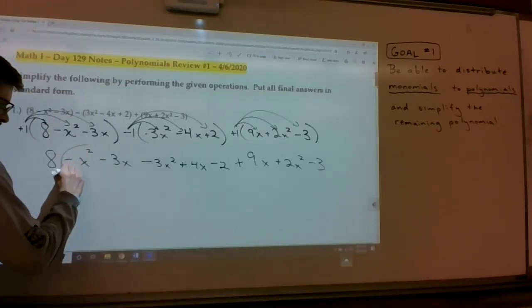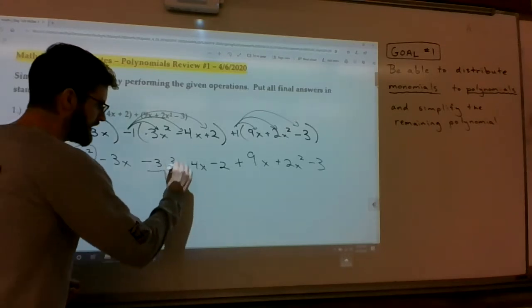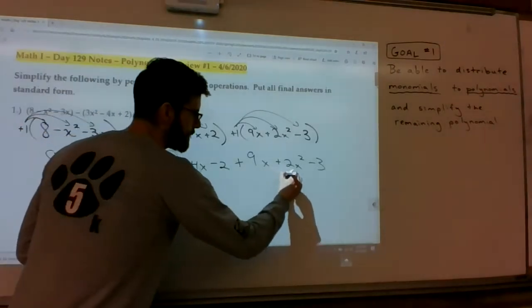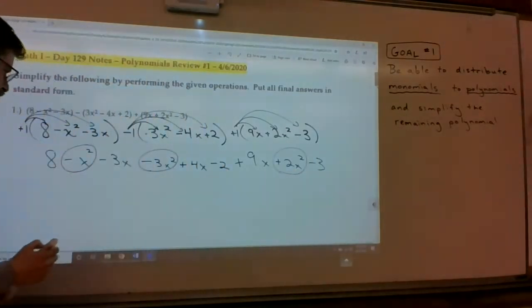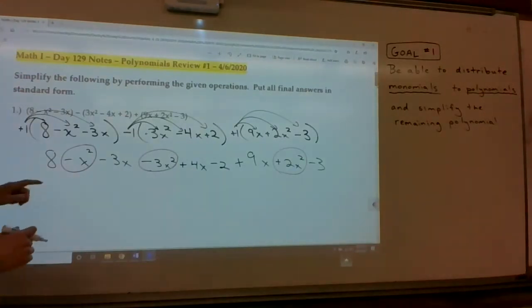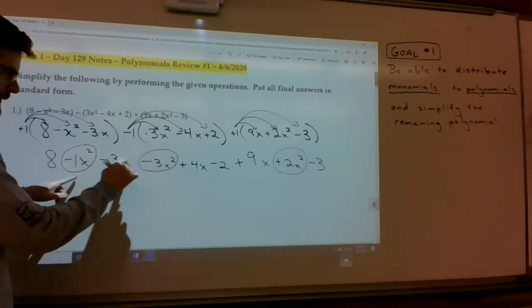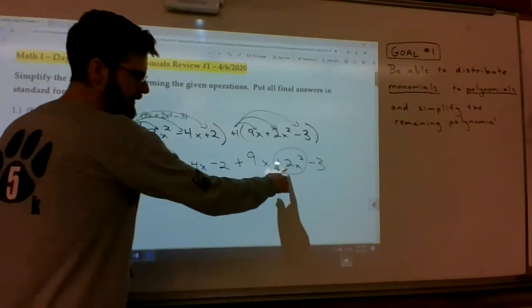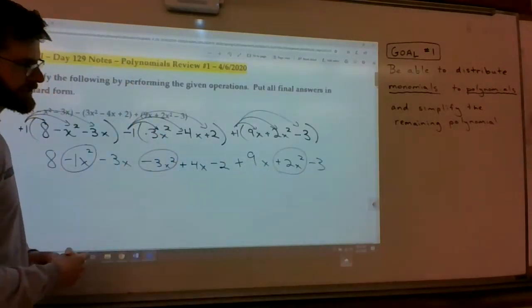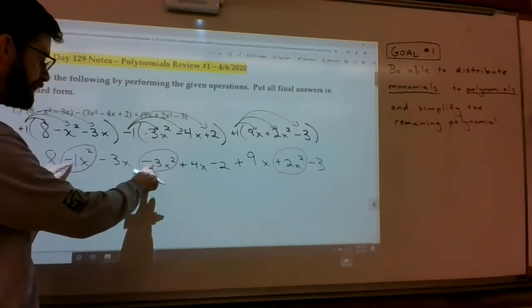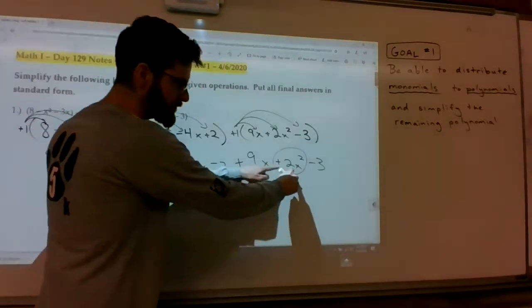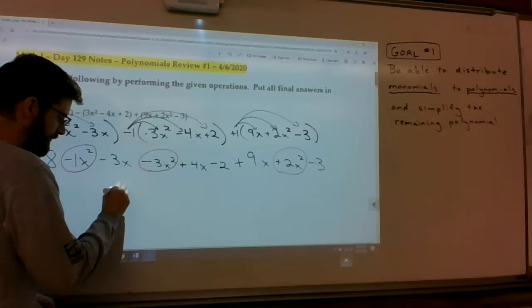You've got a negative x squared, a negative 3x squared, and a positive 2x squared. So we're taking negative 1 minus 3 plus 2. Negative 1 minus 3 is negative 4. Negative 4 plus 2 is negative 2.